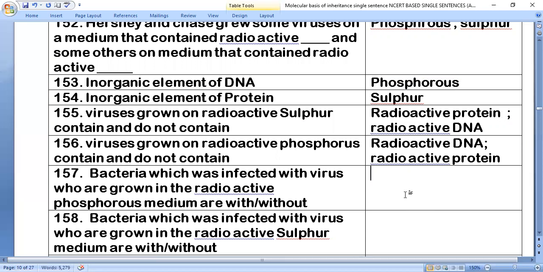Bacteria infected with virus were grown in radioactive phosphorus medium or sulfur medium, with or without radioactive DNA.